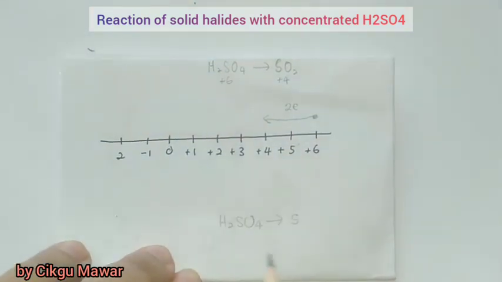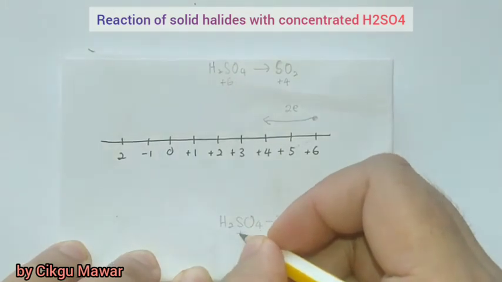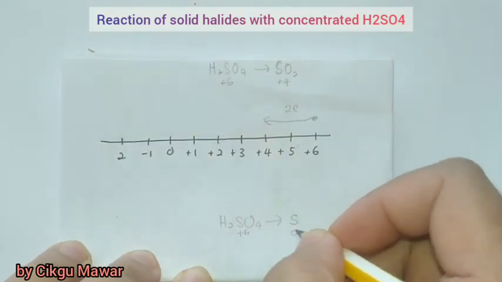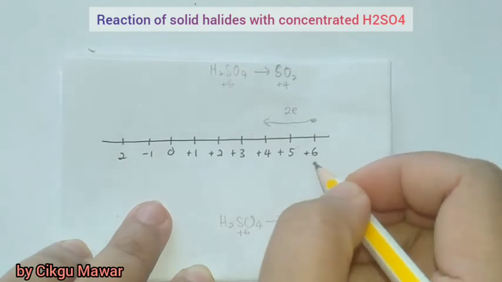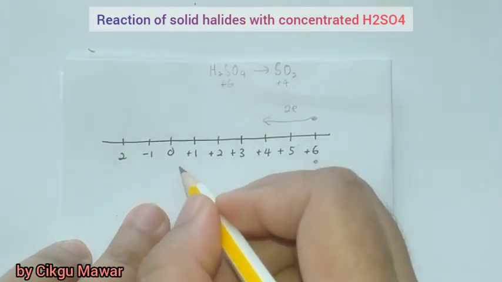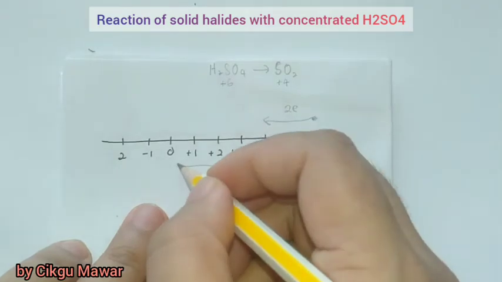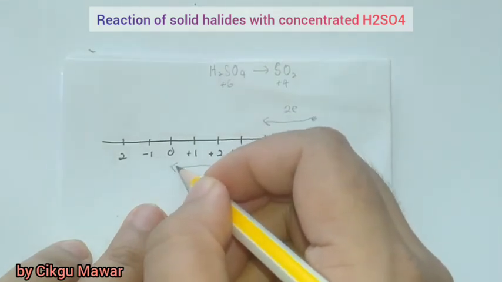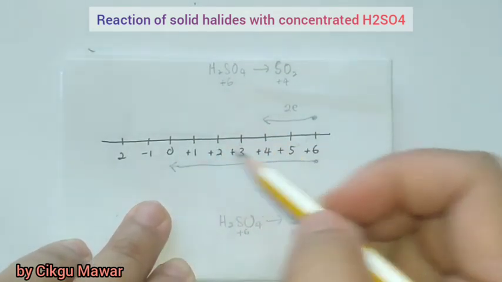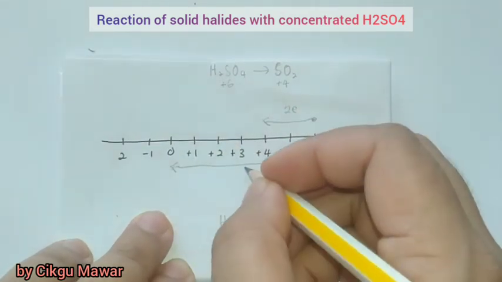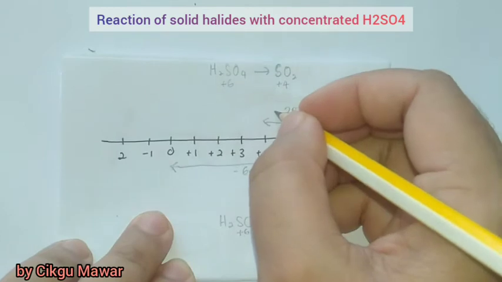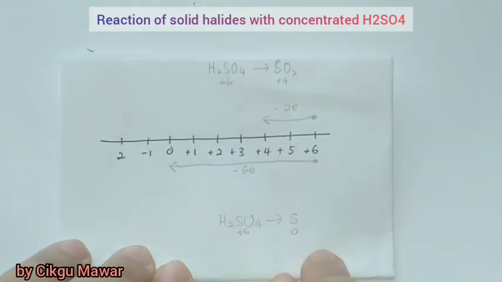The second reduction is sulfuric acid reduced to sulfur, so +6 is reduced to 0. If you count, it has 1, 2, 3, 4, 5, 6, so 6 electrons are involved in the reduction.